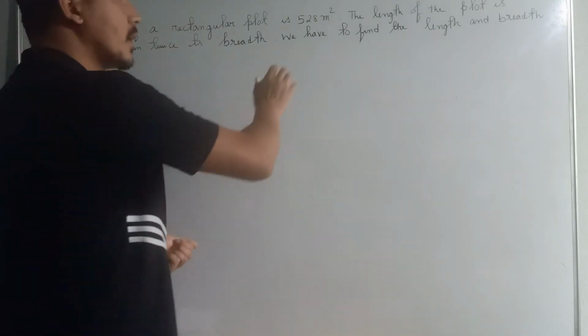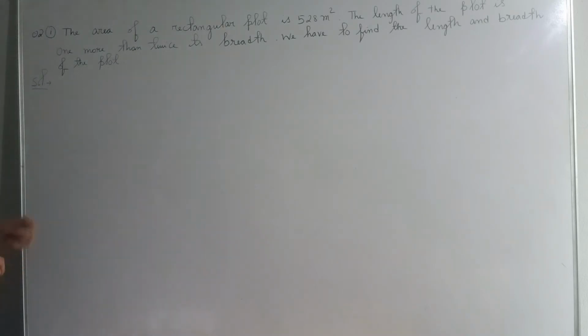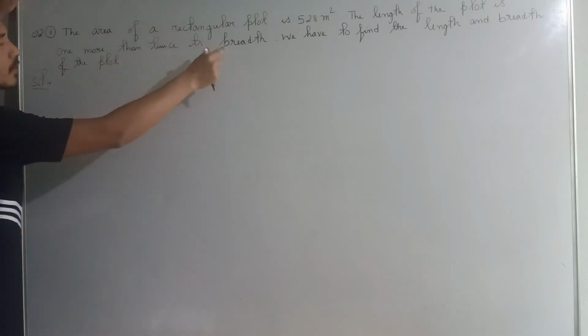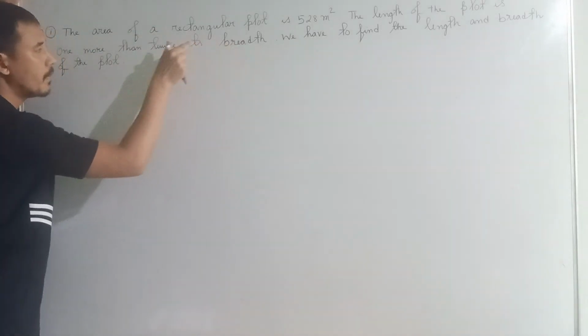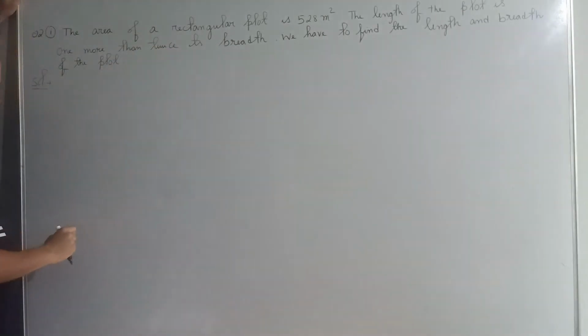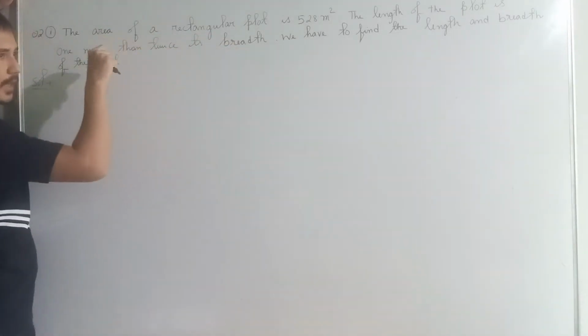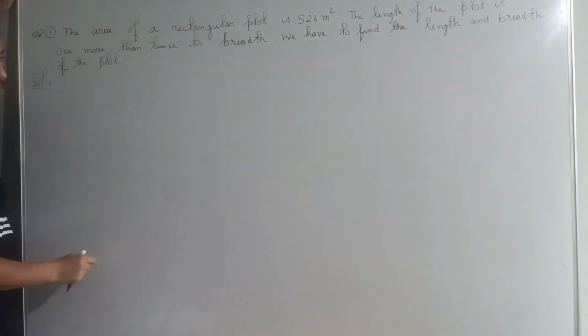That means you multiply the breadth by 2 and add 1 more meter. Then that gives you the length.